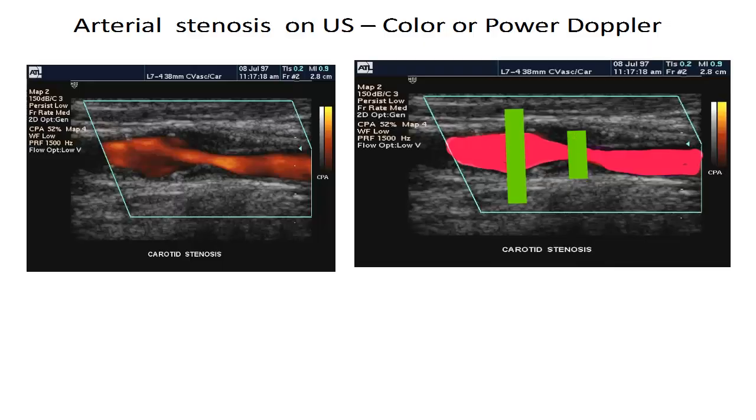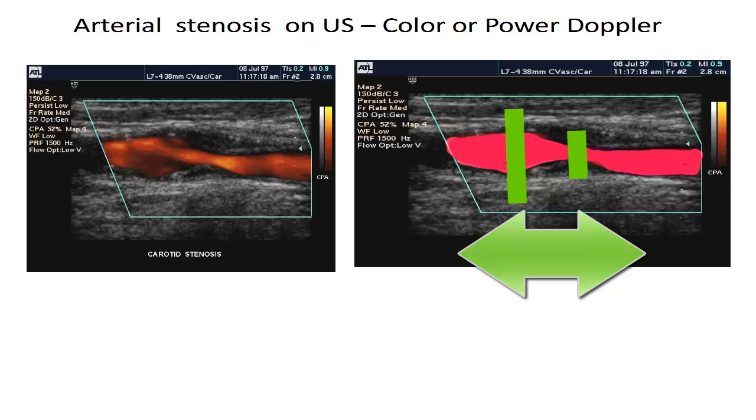This picture represents, for a non-sonographer, the main purpose of the ultrasound examination. You see the artery with narrowing of the flow in the middle of the picture, and for a non-sonographer this represents a very tight stenosis, maybe a stenosis of 50% of the artery.